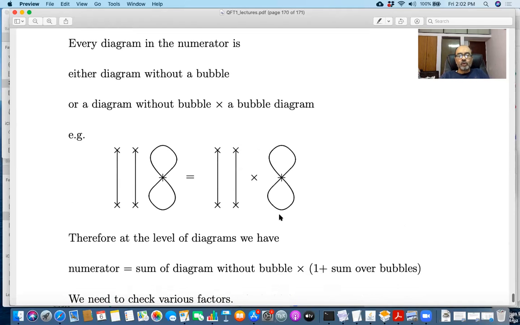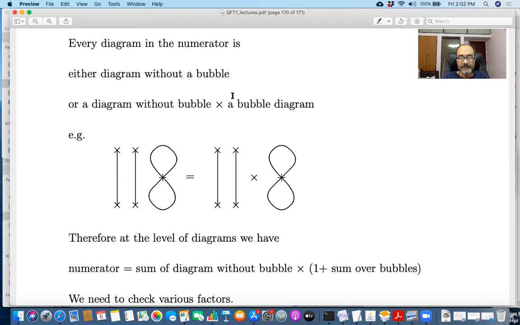To do that, let's start by analyzing the structure of the diagrams in the numerator. Each diagram in the numerator can be classified into one of two classes. Either it's a diagram without a bubble, or it's a diagram without a bubble times a bubble diagram. Now this times is a formal statement at this stage.